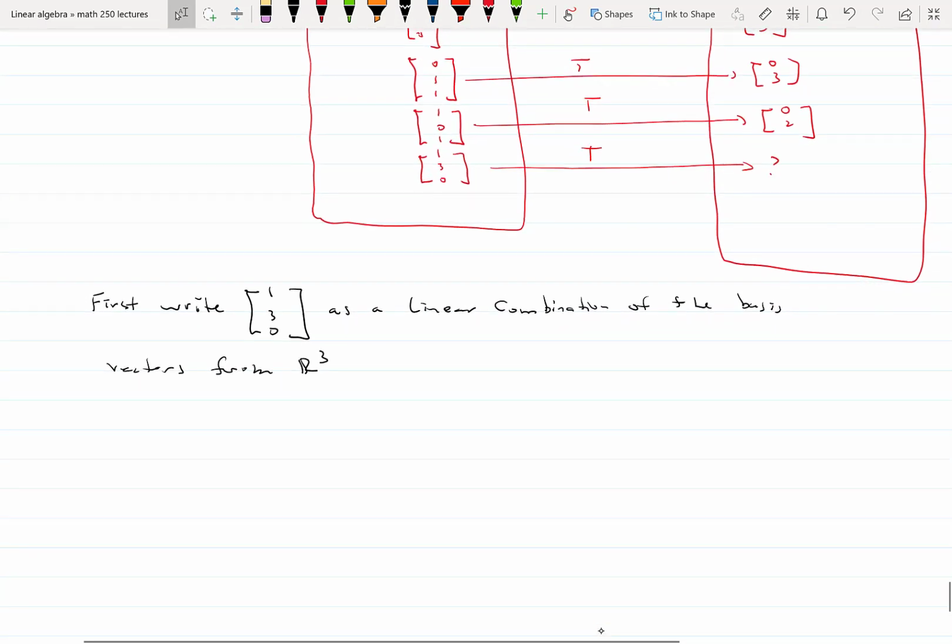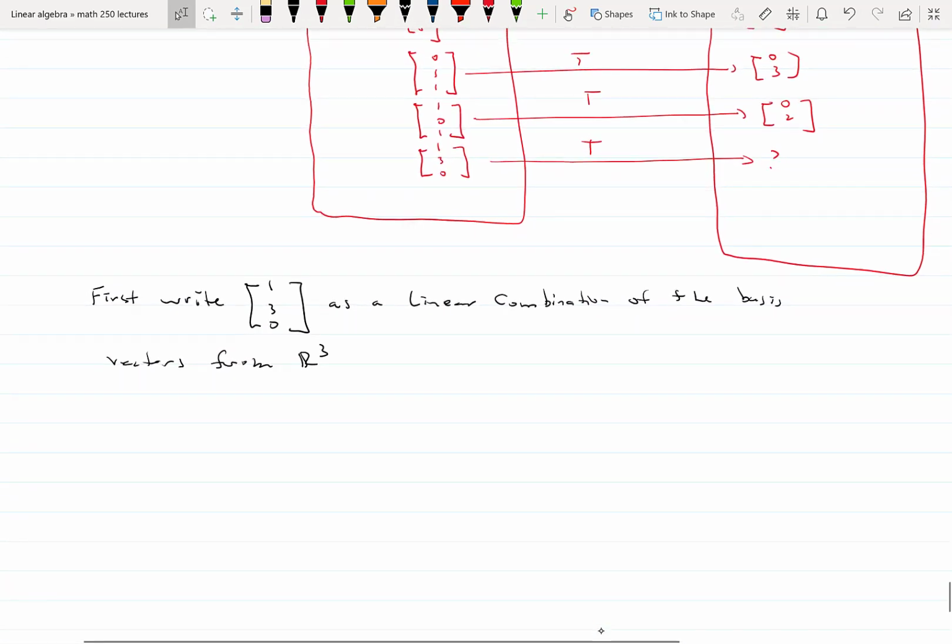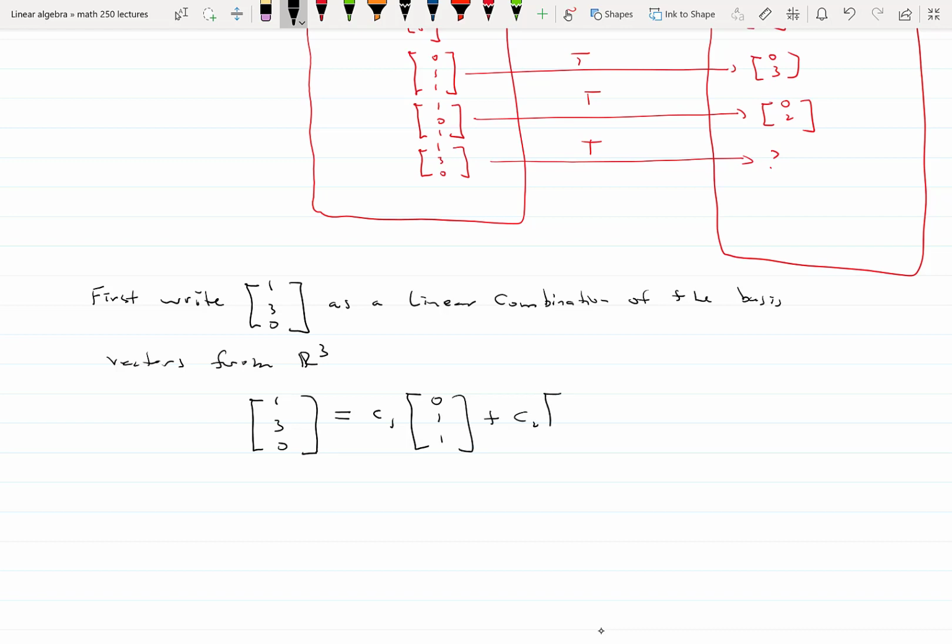That's a little labor intensive, so I'm going to skip a lot of the details that the calculator does, and you could do that too. Take (1, 3, 0) and make it a linear combination of the three basis vectors.